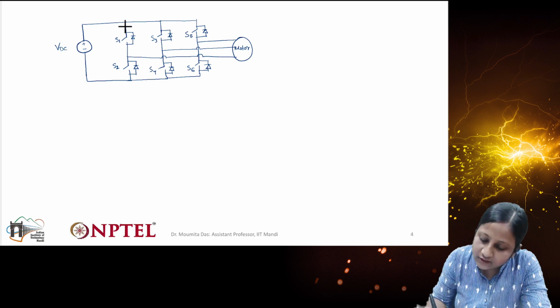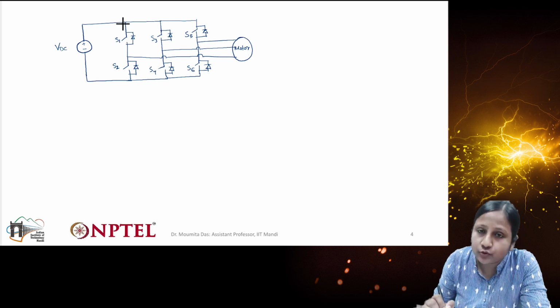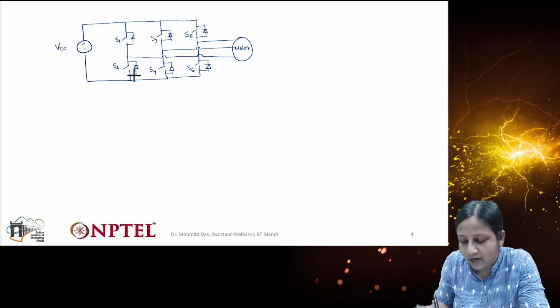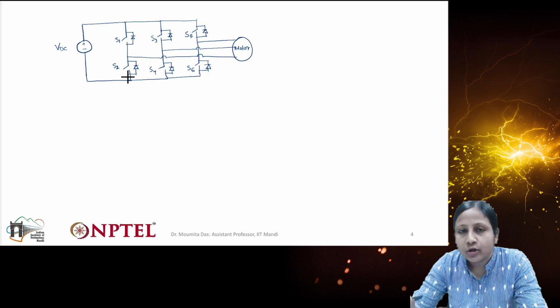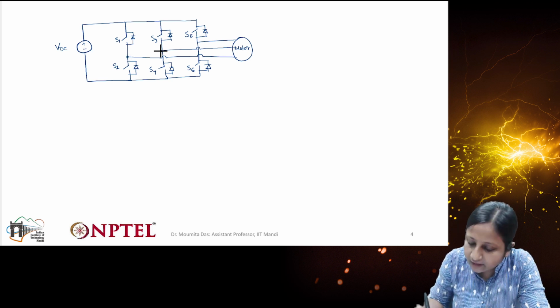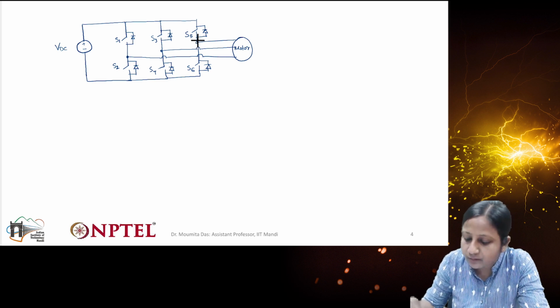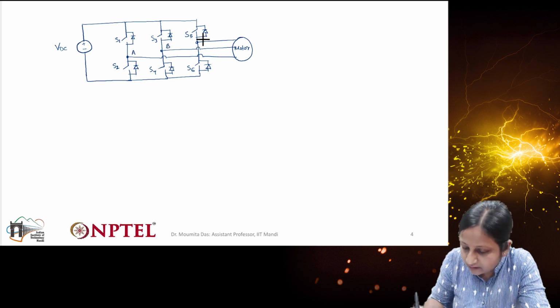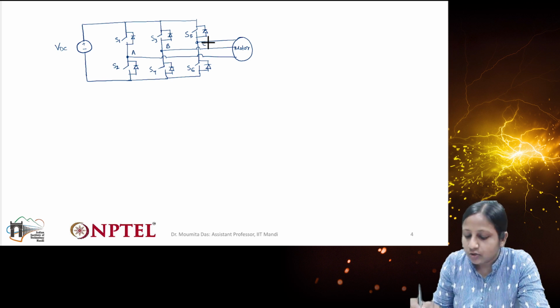The positive or drain point of one switch is connected to the positive terminal of the DC voltage source, and the negative or source terminal of the other switch is connected to the negative terminal of the DC voltage, and the midpoints are connected to different phases of the motor. Let's consider this is phase A, this is phase B, and this is phase C. Each point is connected to the motor.